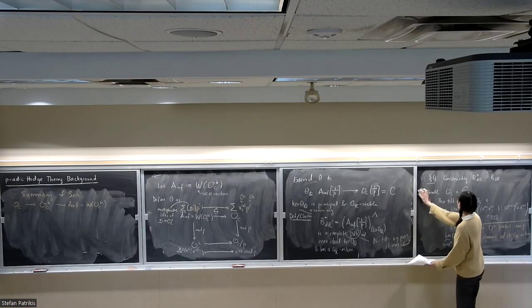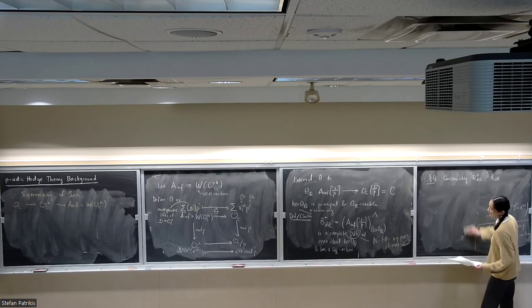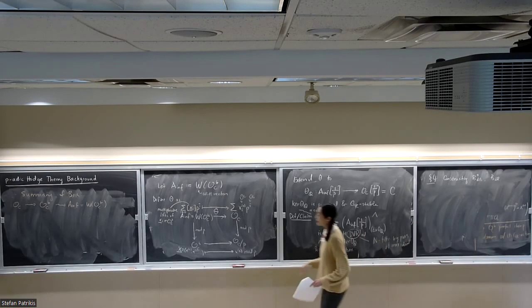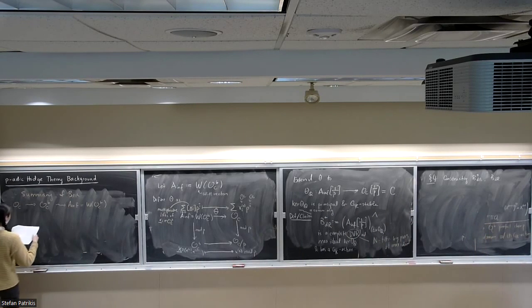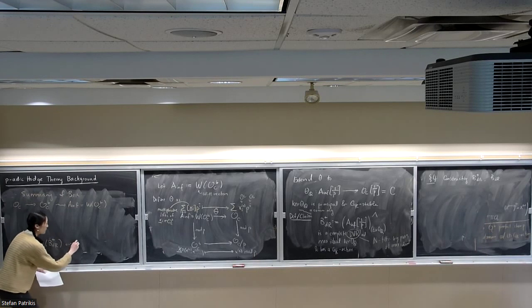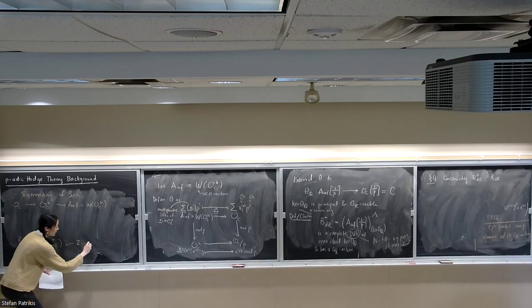And then the last step would just be, I can put it on the summary. So we then can define B de Rham as being the fraction field of this complete DVR, B de Rham plus. Which, since B de Rham plus had a filtration and Galois action, this will have a Z-indexed filtration, and it will have a Galois action.